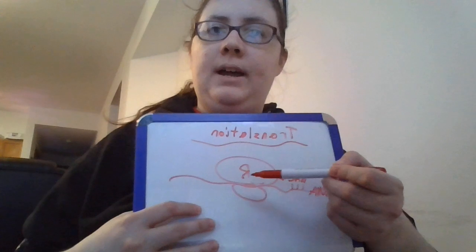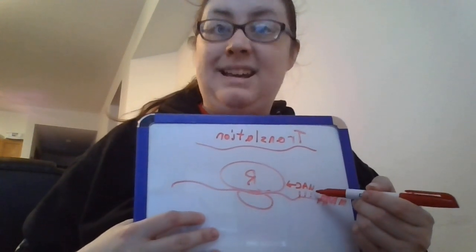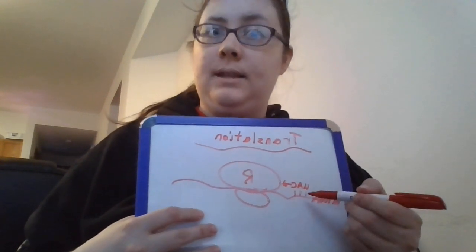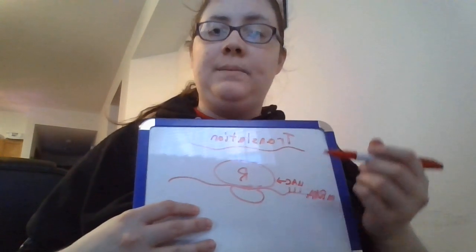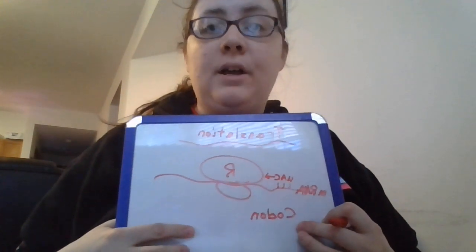It starts to move down the RNA, and it reads those bases. The bases that we got from the DNA as a template, it starts to read these. It reads them in sets of 3. And that set of 3 is called a codon.